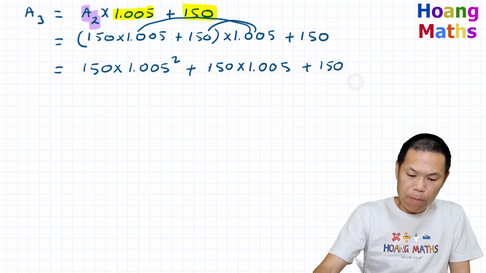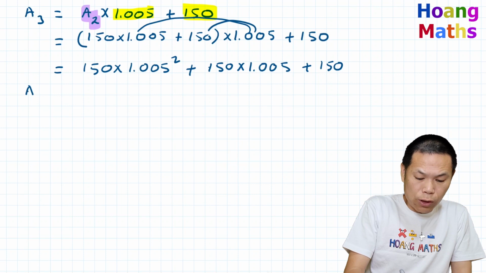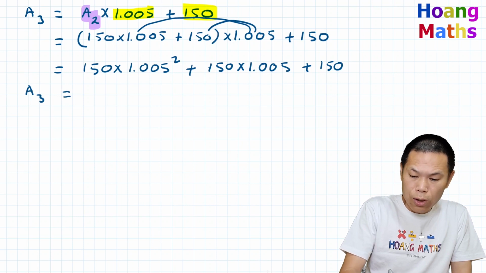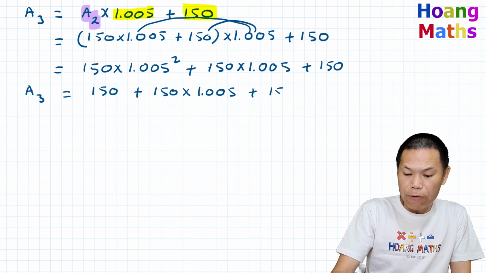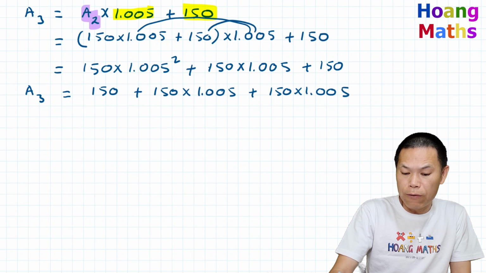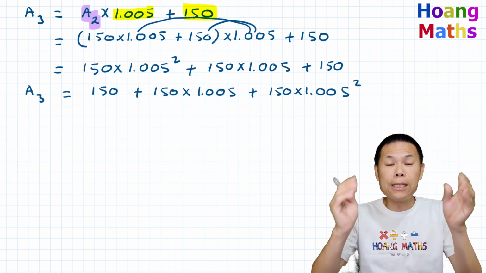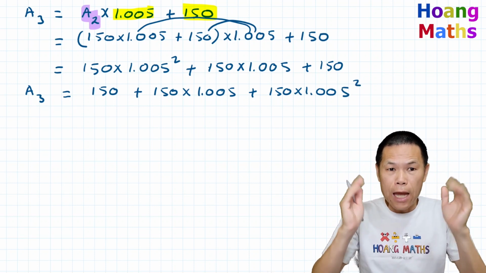So let me move this up so that A3 is equal to 150, we add 150 times 1.005, and we add 150 times 1.005 squared. So that is the balance at the end of the third month.